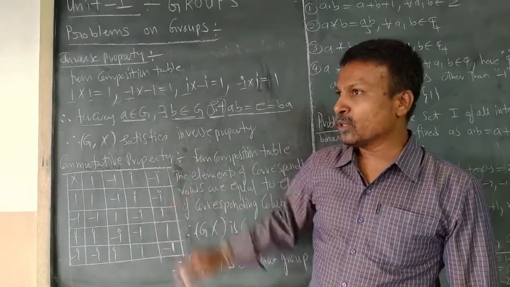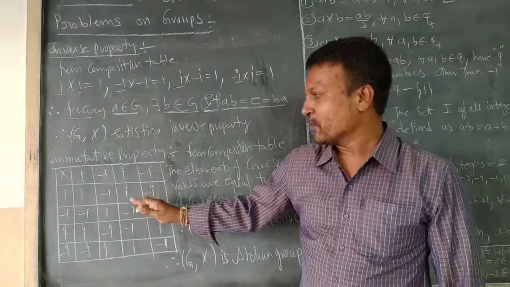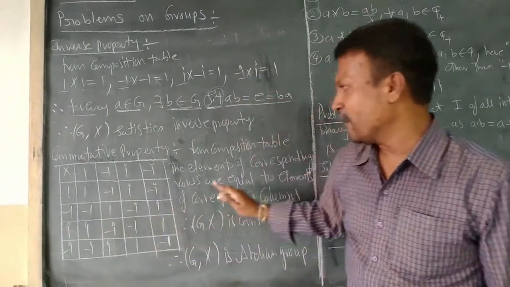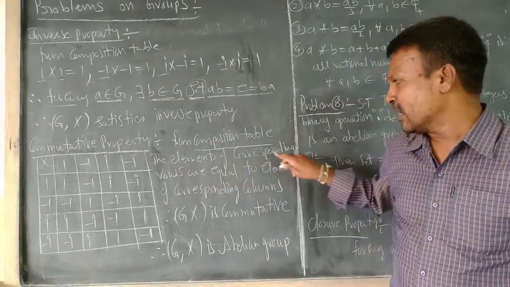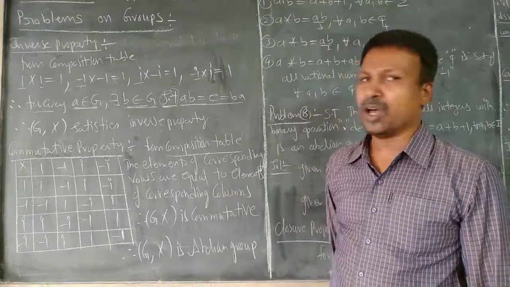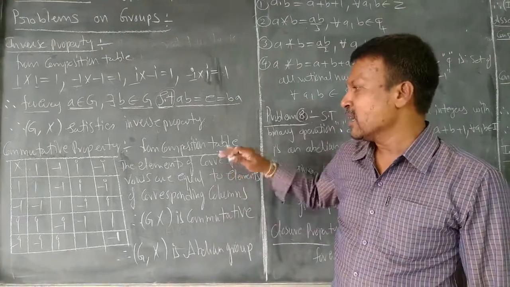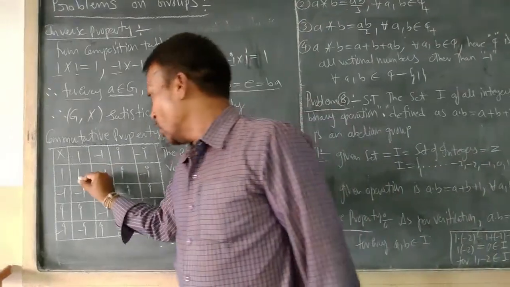So, to prove the commutative property, we once again refer to the composition table. The entries are in this way. From the composition table, the elements of corresponding rows are equal to the elements of corresponding columns. Let us verify whether this statement is true or false.